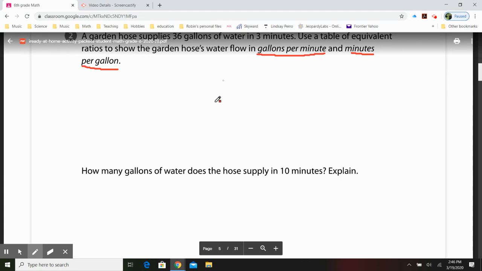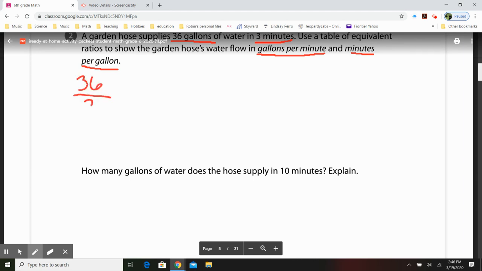It's kind of backwards, I think. But nonetheless, we'll do the problem.